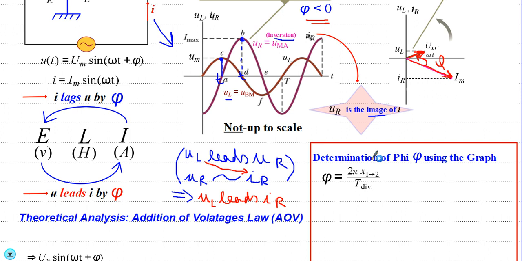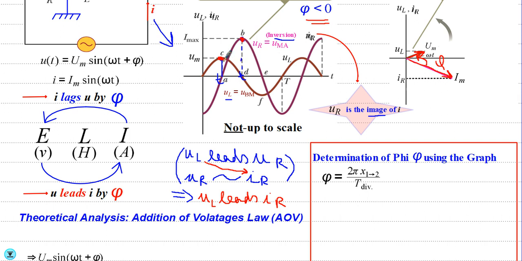We know the equation of phi is 2 pi, and this 2 pi is for one period, times x from 1 to 2. What do we mean? 1 is curve 1, 2 is curve 2, but more specifically, 1 is this point actually. It is the peak of the first curve of U of L, and this is the peak or the maximum of U of R. The distance between C and B is known as x from 1 to 2.